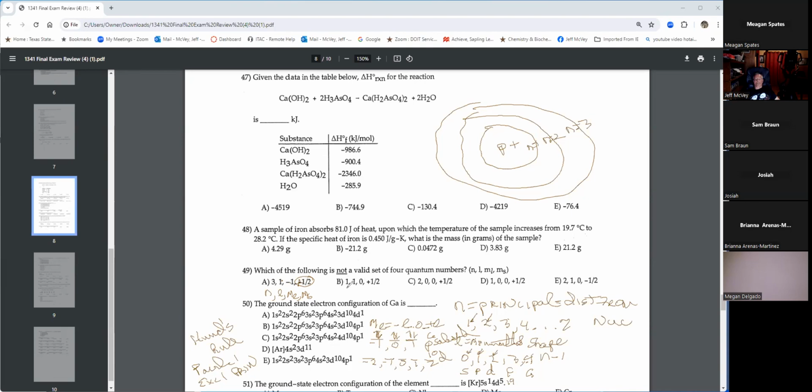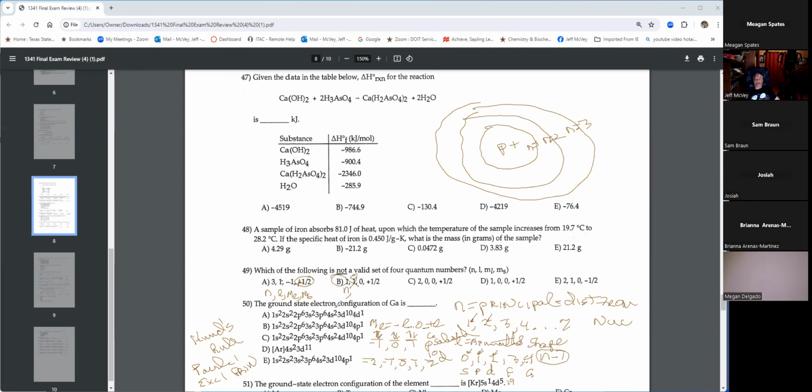It would have been just fine if it were +0.5. How about this one? If I have N equals 1, can I have L equals 1? No, that is not legal because for the L value, it tops out at N-1. So this would need to be 0 for that to be okay.